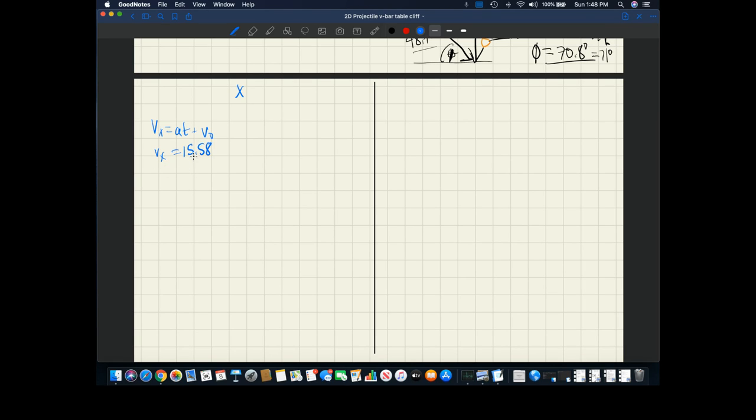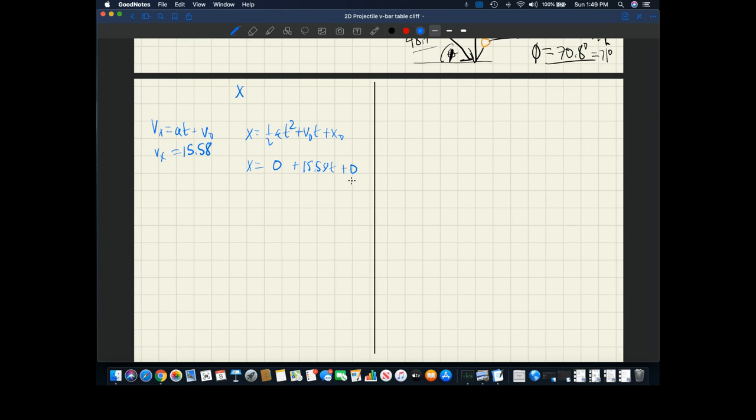Now, since we are looking for analytic, we're going to be precise with our numbers. And then we have x is 1/2 AT squared plus V0t plus x0. Acceleration is 0. Initial velocity is 15.58 t. And the initial position is 0.